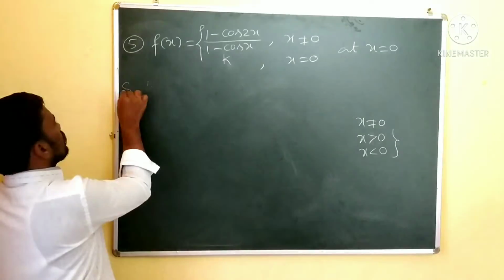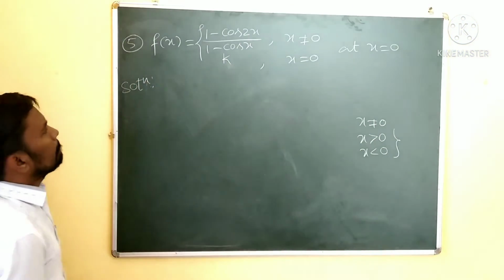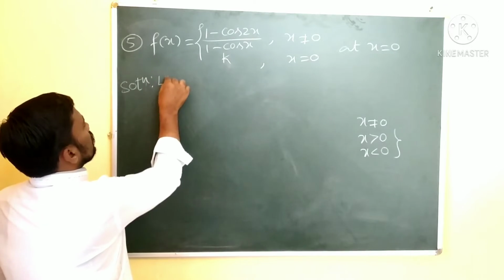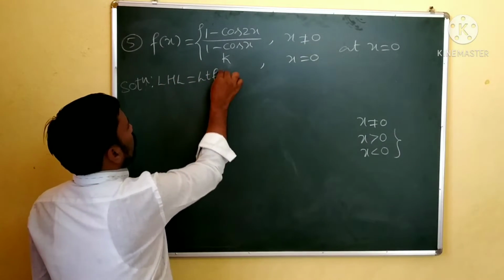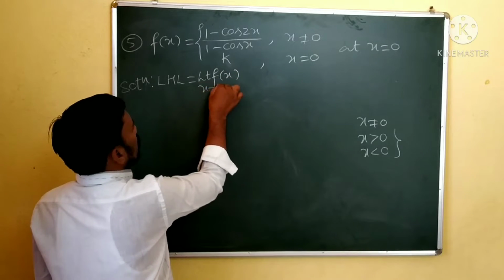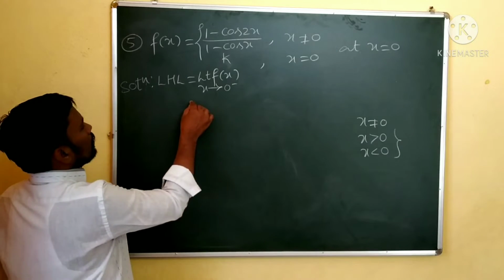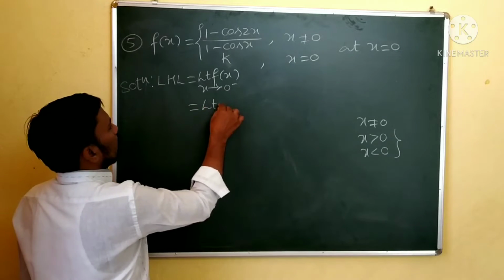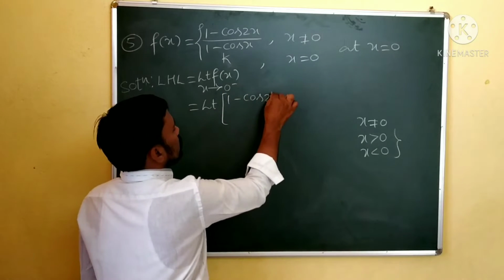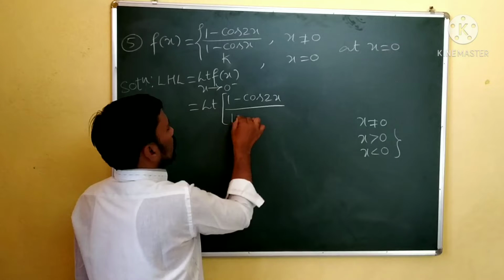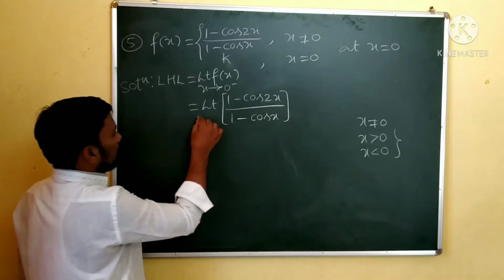Just calculate any one. LHL is equal to limit of f of x as x tending to 0 minus, that is equal to limit of 1 minus cos 2x divided by 1 minus cos x as x tending to 0.